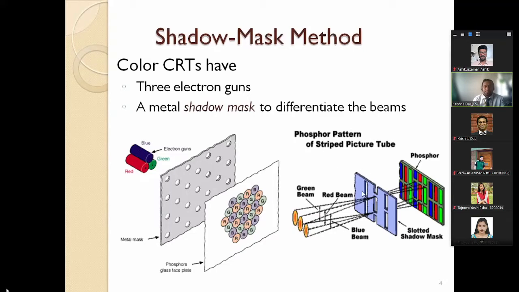And a phosphor pattern of a striped picture tube, you can see here, is the slotted shadow mask. Okay, that shadow mask has a rectangle shape, whereas the pixel one is a kind of round hole. It can also have a rectangle shape, where the light goes through and falls on the red, green, and blue, as you can see at this sub-pixel level.